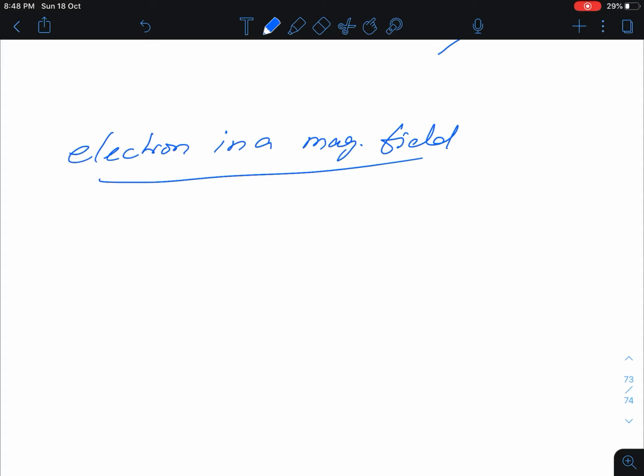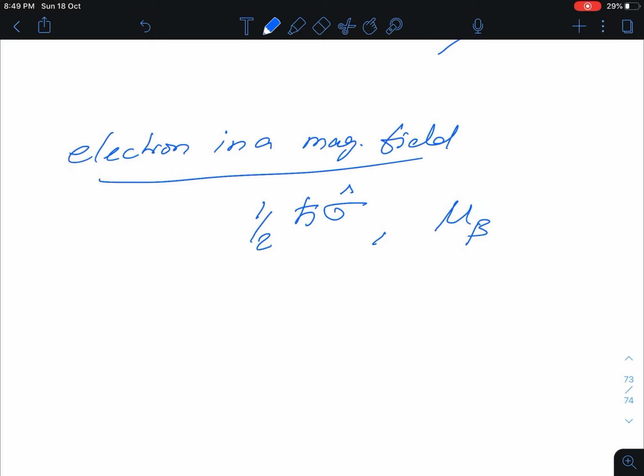In quantum mechanics, a single electron possesses a spin, which is simply half h cross sigma, the sigma operator, and it possesses a magnetic moment, let us say mu B. That also we discussed in the last class.